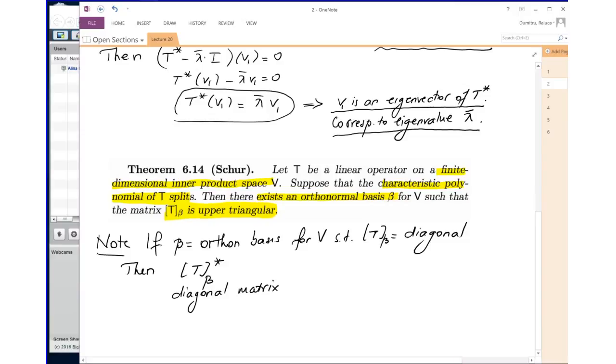We've seen that we can move the adjoint in with this kind of matrix. So T star in the basis beta is also diagonal.